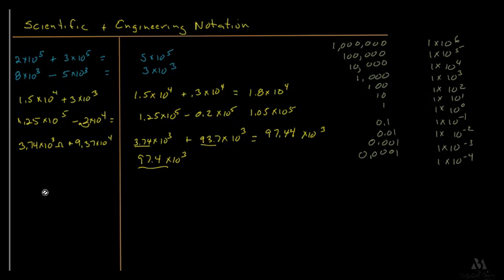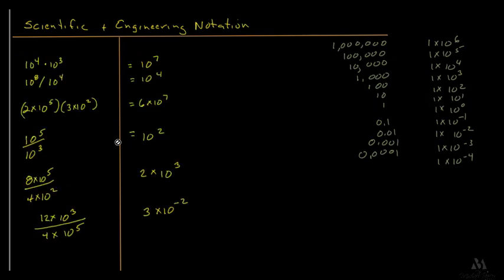When we do numbers that don't have the same exponent, we have to change those so that they all have the same exponent, and then we can do the operation. When we multiply and divide, we are simply going to add the exponents or subtract the exponents when we do the division.